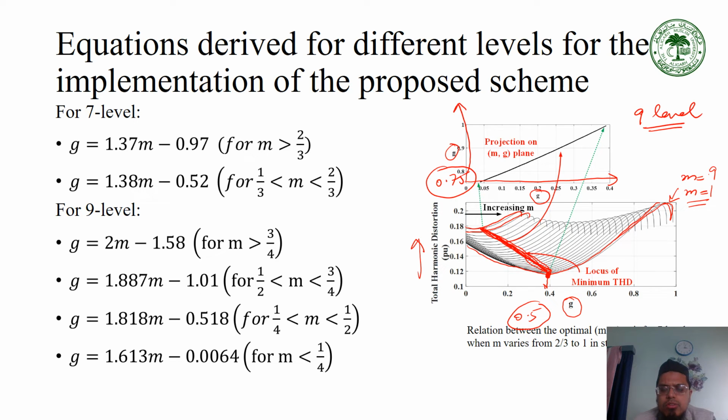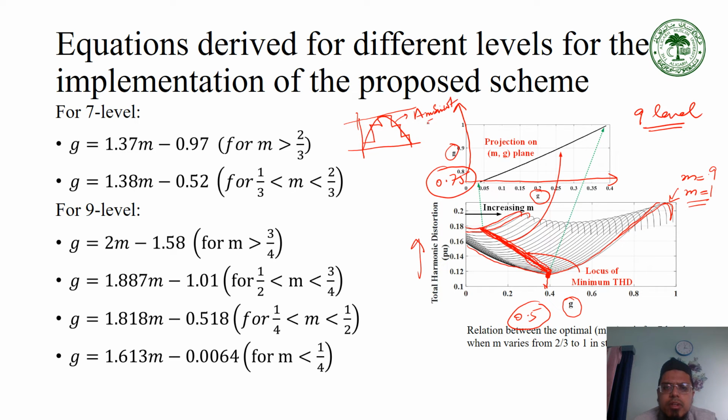Why is it so? Because if this is your sine wave and these are the levels, and I reduce the modulation index, this is basically M sine omega t, as I told you.